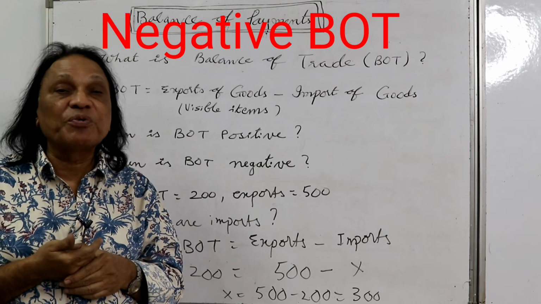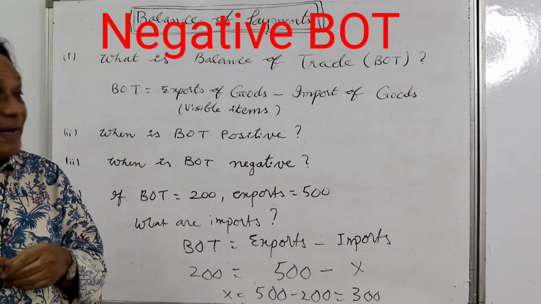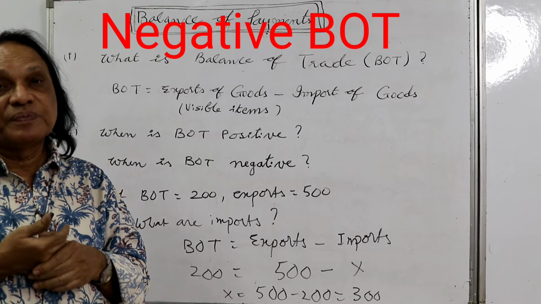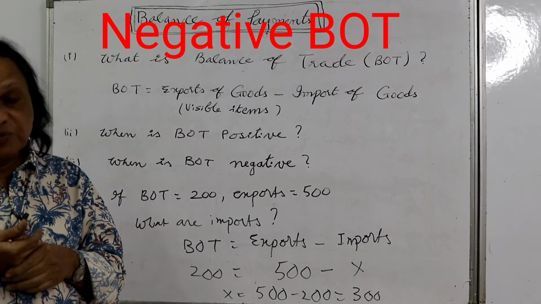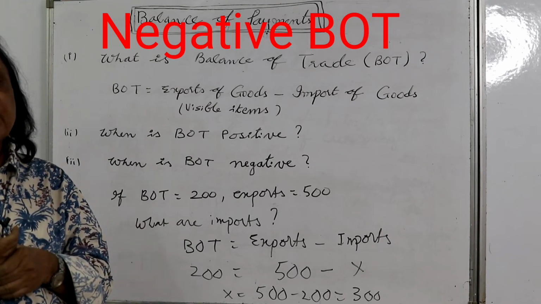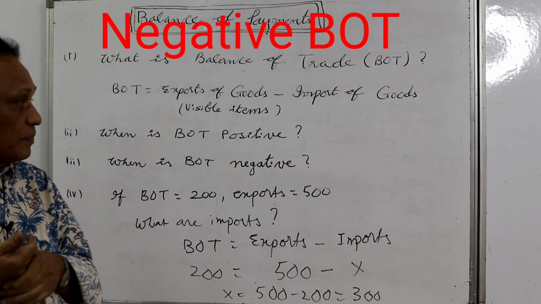So this is negative BOT. We call it unfavorable BOT, which is not good. Of course, it depends. For development of the country, we have to import. We have to import technology.